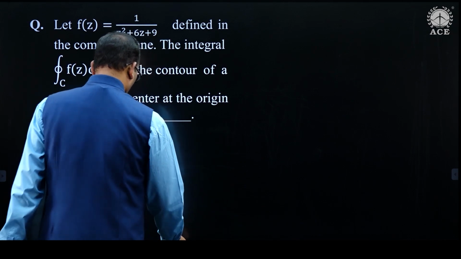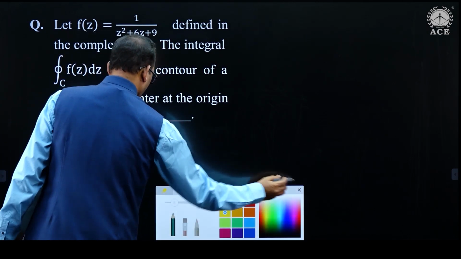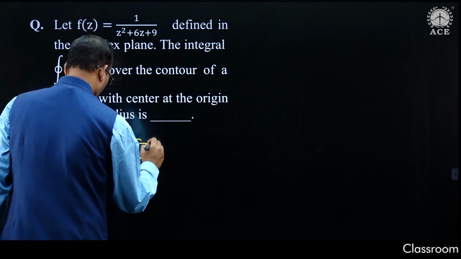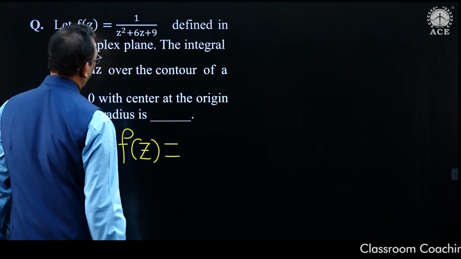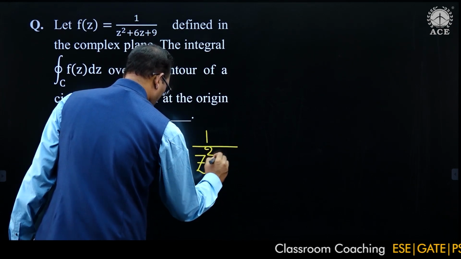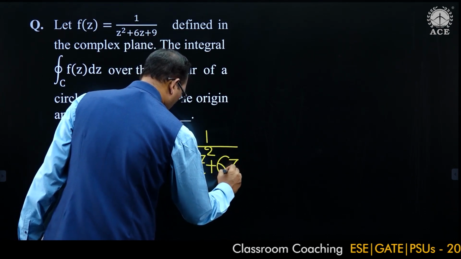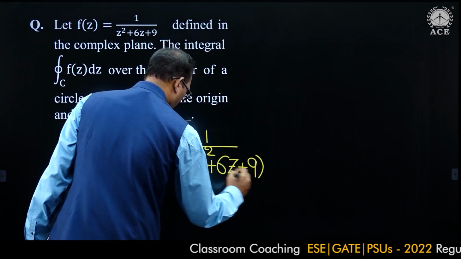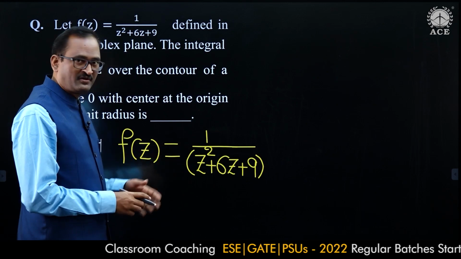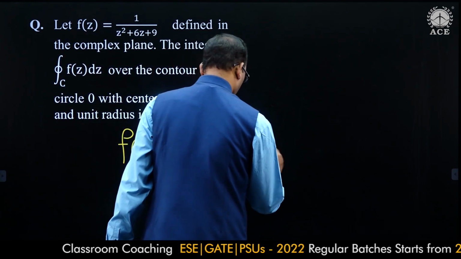Now take the given problem. F of z is equal to 1 by z square plus 6z plus 9. The denominator is the expansion of z plus 3 whole square.